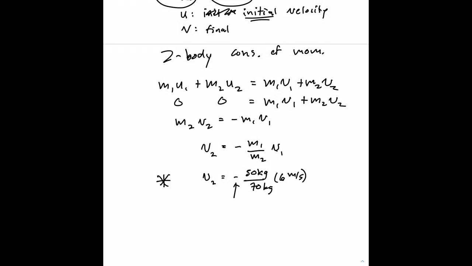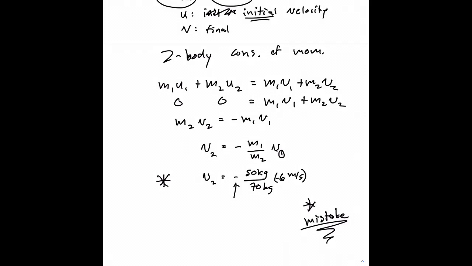The final velocity of object number 1, which is Elena, is to the left, so that's a negative 6 meters per second. This is the biggest mistake that students make, and professors sometimes, regarding the law of conservation of momentum, failing to assign negative values for velocities that are moving in the negative direction.